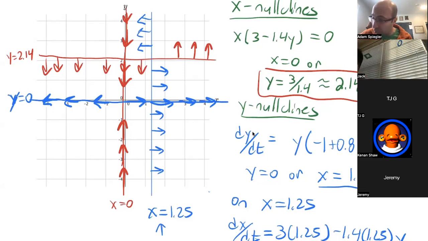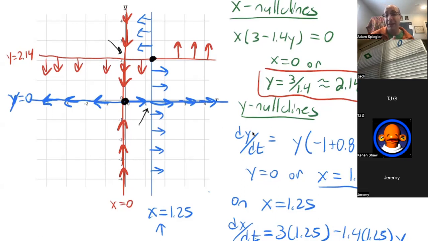It's going to be where the nullclines intersect. So that's right. Here is an equilibrium, and here is an equilibrium. These other points, here and here, are also intersections of nullclines, but these are not equilibria.